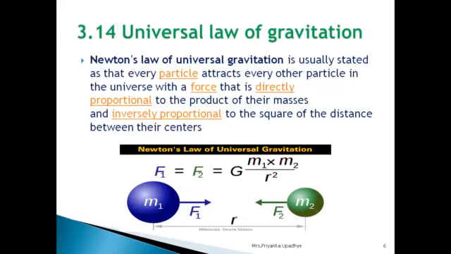Here you can see F is directly proportional to the masses: F = G m1 m2 divided by r square. And it is inversely proportional to the square of the distance between them. This is Newton's law of gravitation.